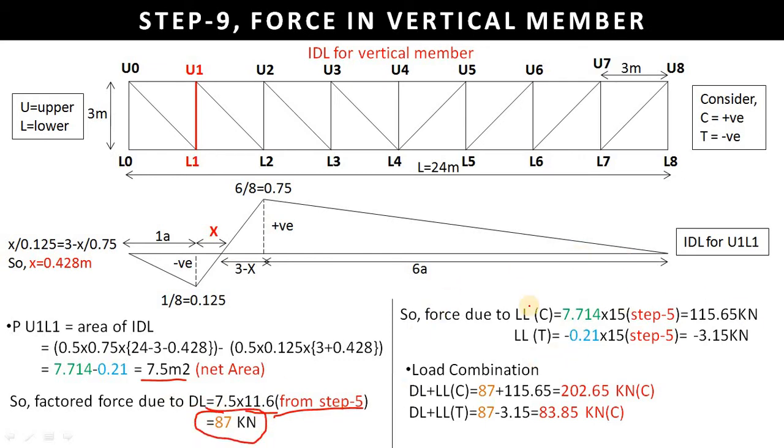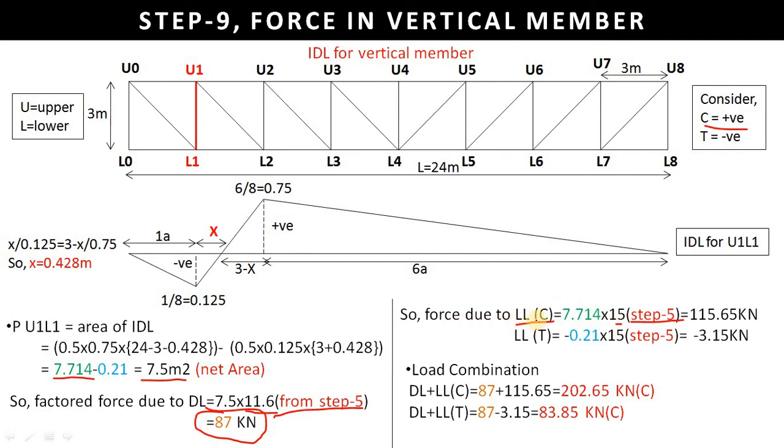And moving on to the live load, in live load there will be two different live loads, because there is a positive value as well as a negative value. So let us first see for the compression, which means for the positive value. In our case, the positive area is 7.714, into live load, which we have already seen in step number 5, which is 15.